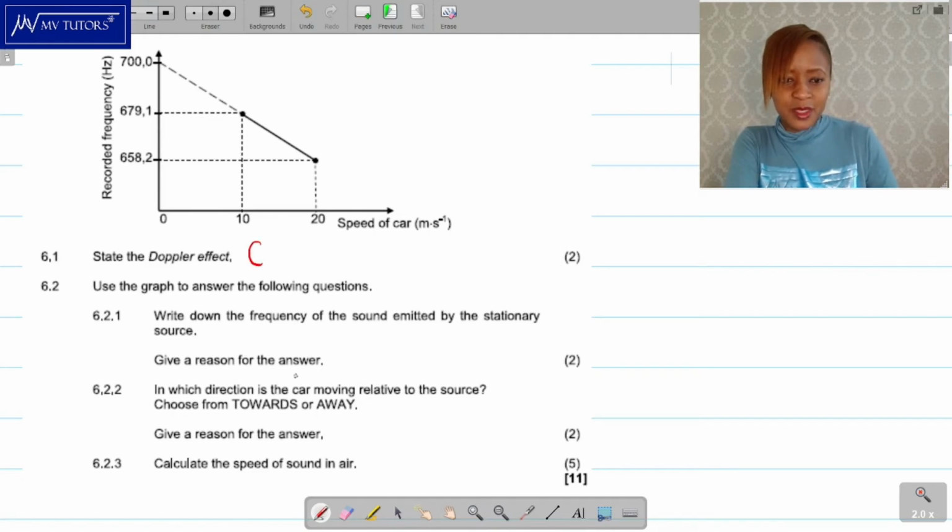I'm using red. No, I don't want red. I like using the blue ink. Okay, so what is the Doppler effect? It is the change in frequency.